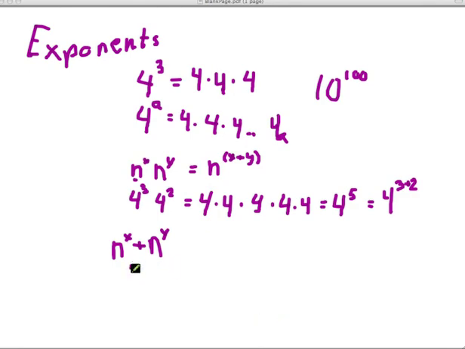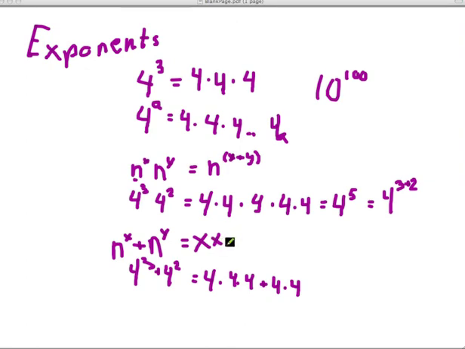Well, if we have 4 to the third plus 4 squared, we have 4 times 4 times 4, then plus 4 times 4. It looks kind of like we're back where we started. So when you have two exponents like this, n to the x plus n to the y, you really can't do anything with them, right?